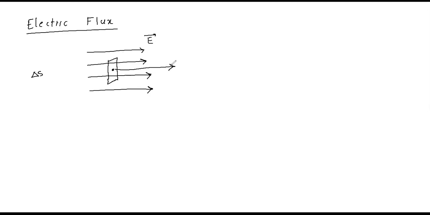Then the number of electric field lines passing through this area is directly proportional to the product of E, the field, and the area delta S. That is, the number of electric field lines is proportional to what?